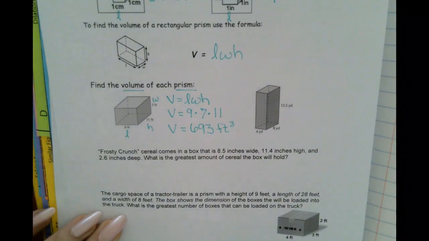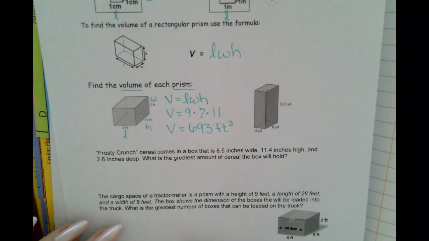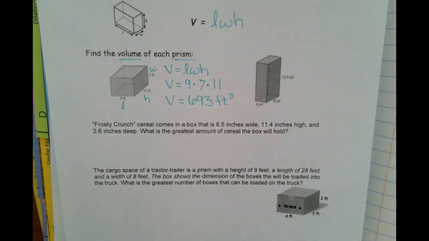Now the other way you could enter this into your calculator, and it will probably be more beneficial with some of our other formulas. For this formula, this first way I've shown you is probably the easiest, the least time consuming, but you can actually type in the formula V equals LWH, just like we did with our replacement value. You can tell Desmos what your length is equal to.